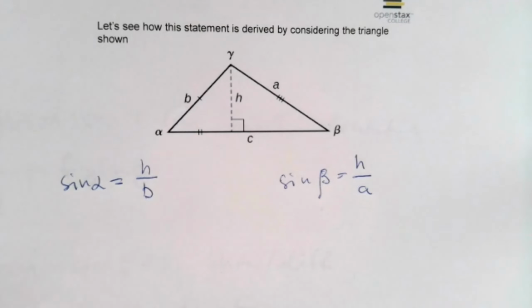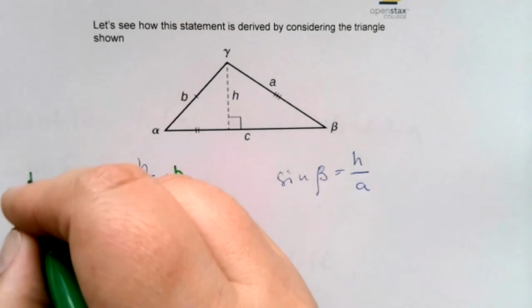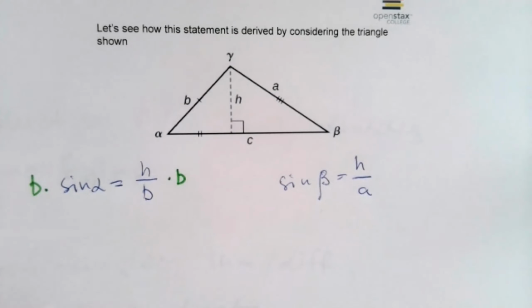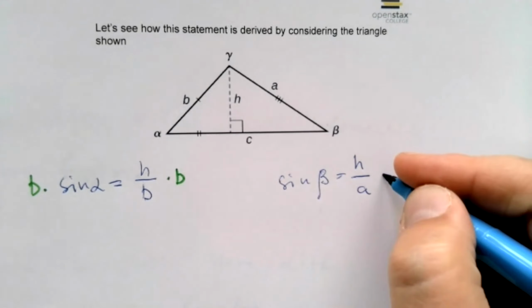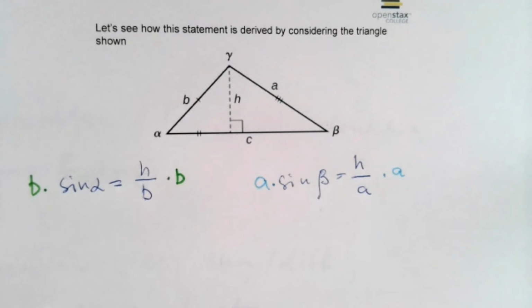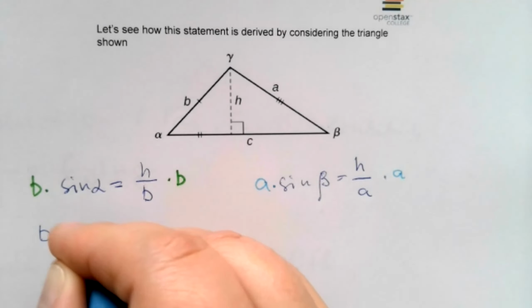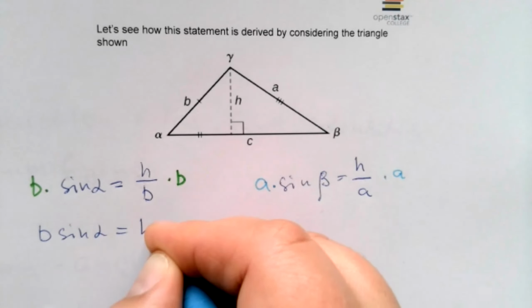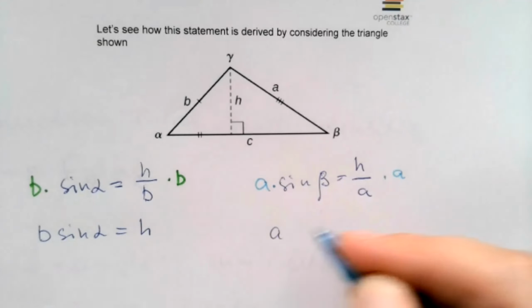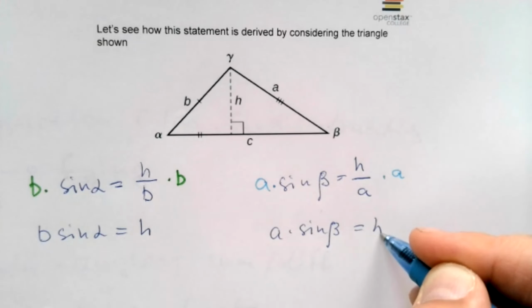Okay, so now let's solve each of these equations for h. To solve this equation, we're going to multiply both sides by b. And to solve this equation, we're going to multiply both sides by a. So what do we have? We have b times sine alpha equals h, and also a times sine beta equals h.